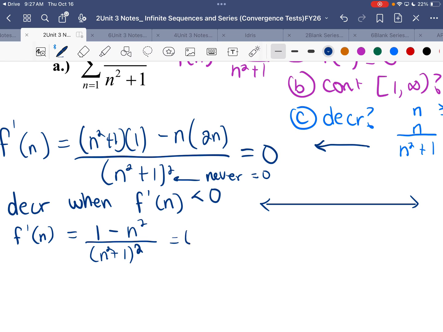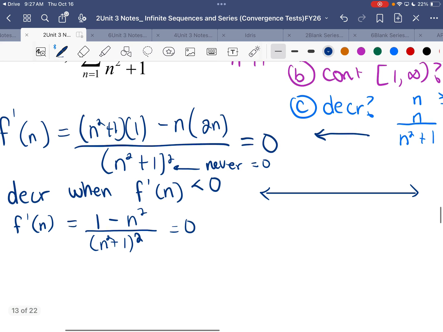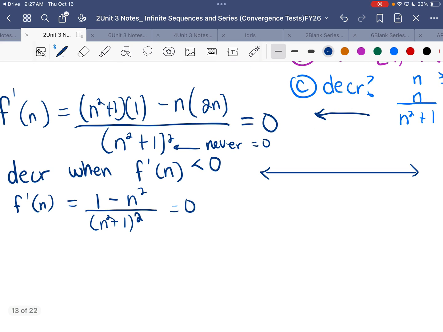Okay, so looking at this, set up your little sign chart. I think I do mine a little differently than Miss De Leon does. She does a little box or something, but it's essentially the same thing. So this we already discussed will never be 0. So we're solving for n minus 1 squared equals 0. Yep. How did you get the derivative to be 1 minus n squared?